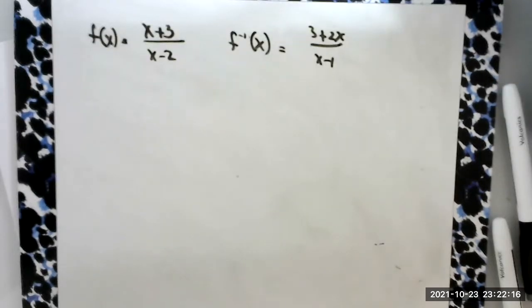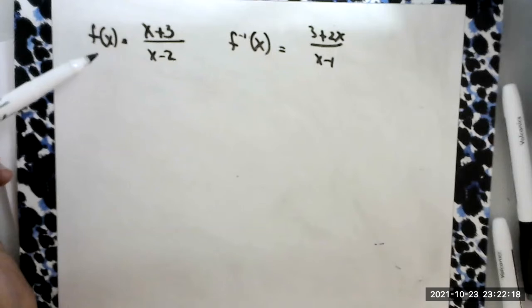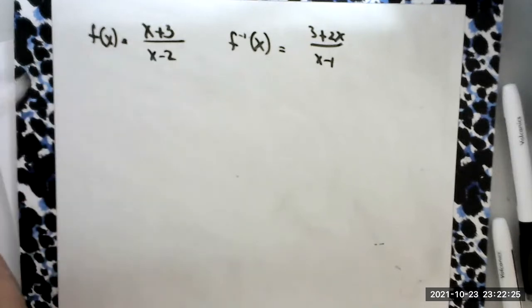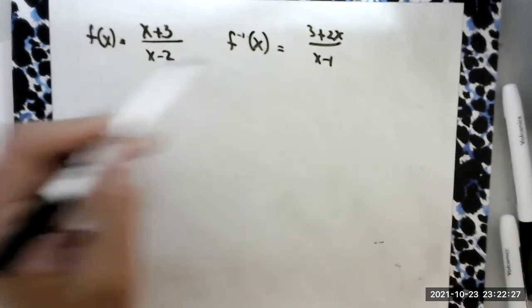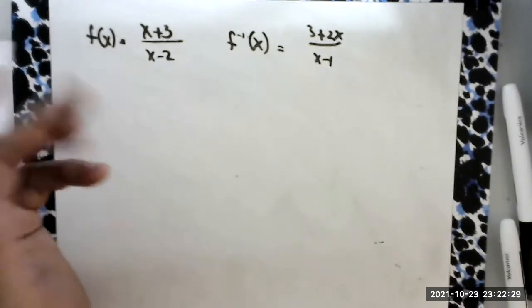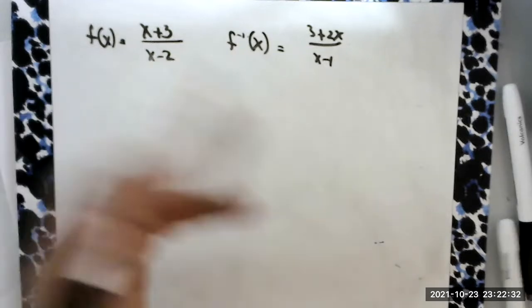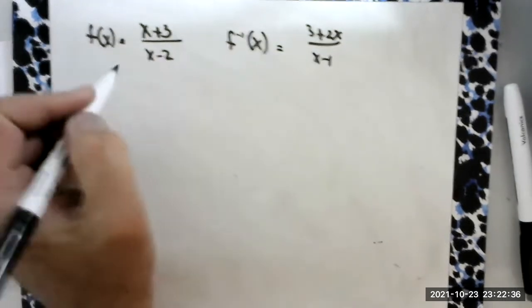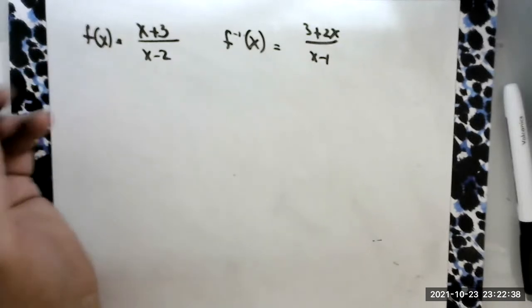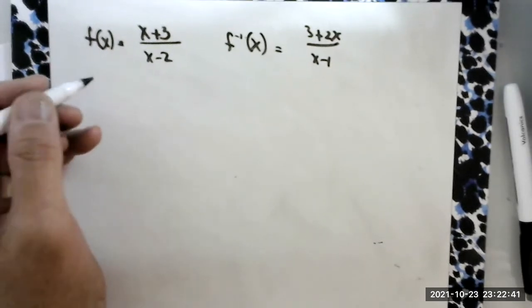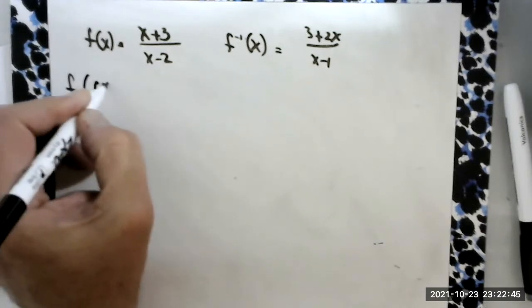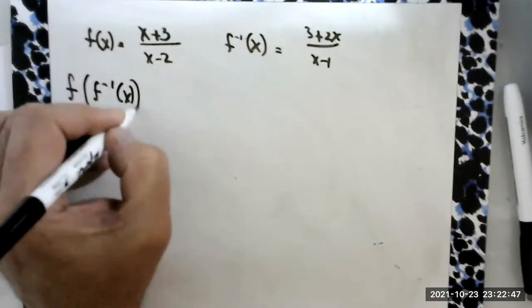Well, as promised, for the penultimate example, given the f of x function, we found its inverse. Of course, if we do the composition between these two, the answer better be x. By the way, all these examples we should have verified. I skipped that, but if I do f of g and g of f, the answer should be x. So let's start with f of f inverse of x.